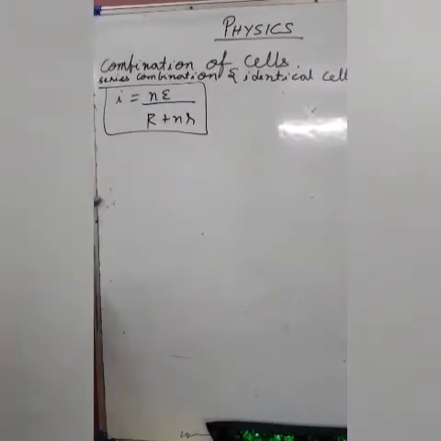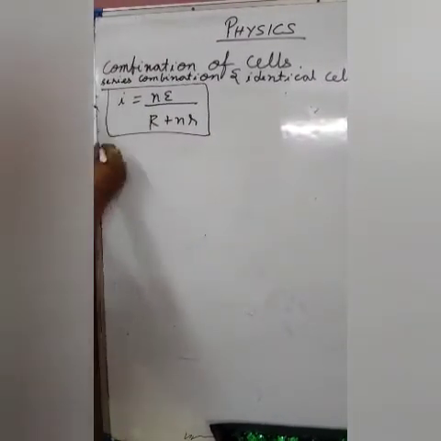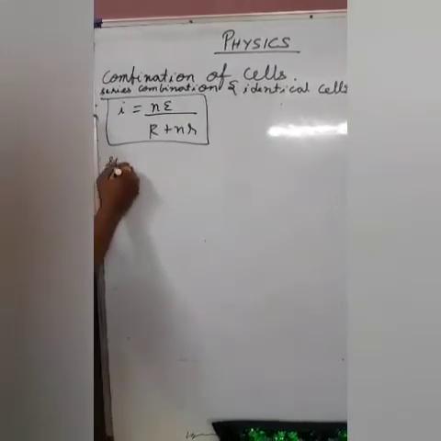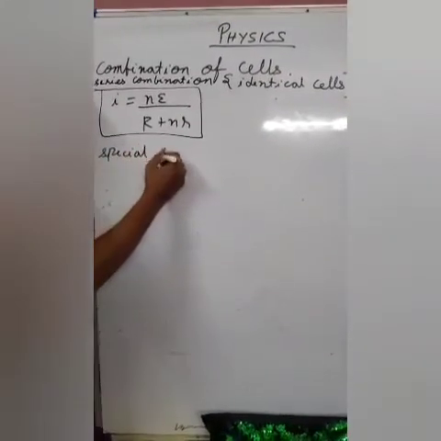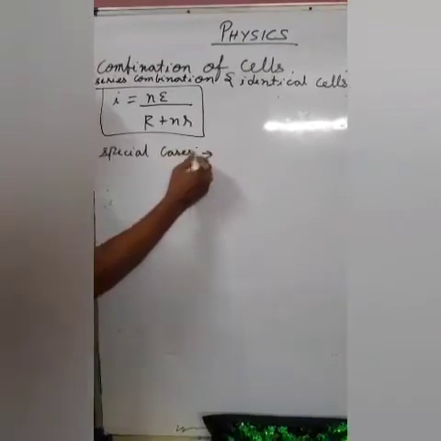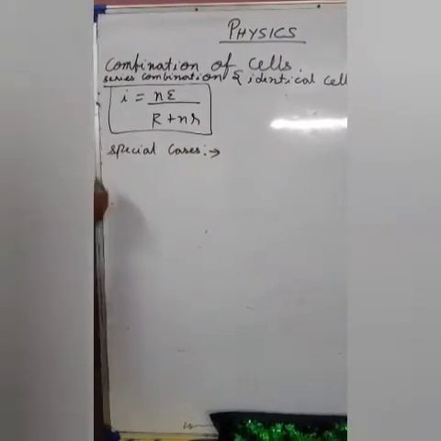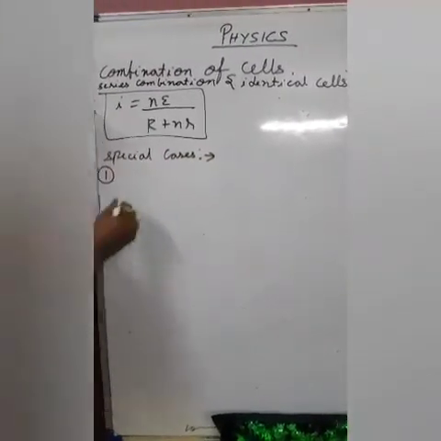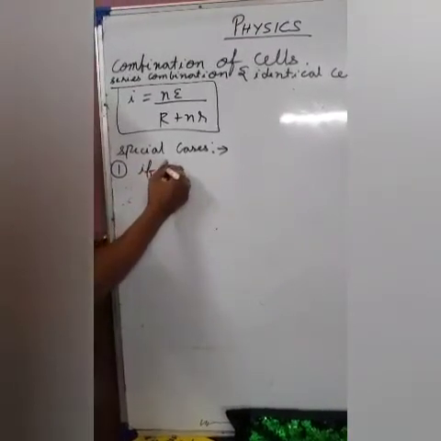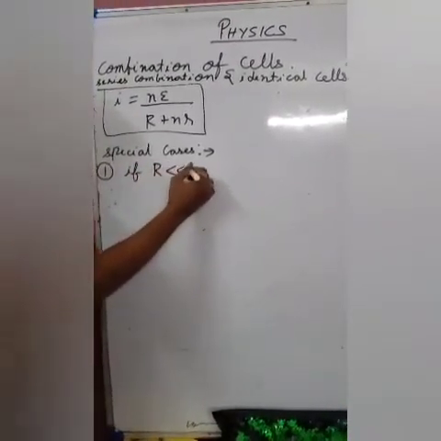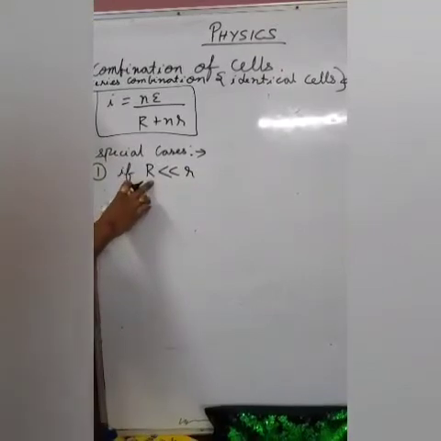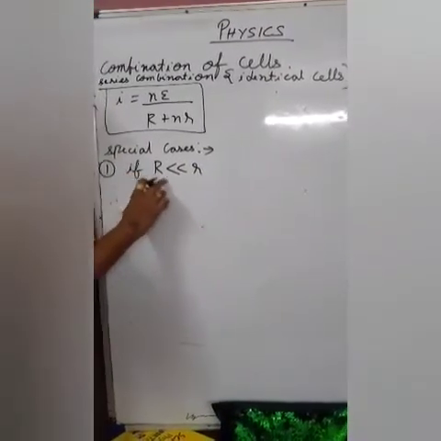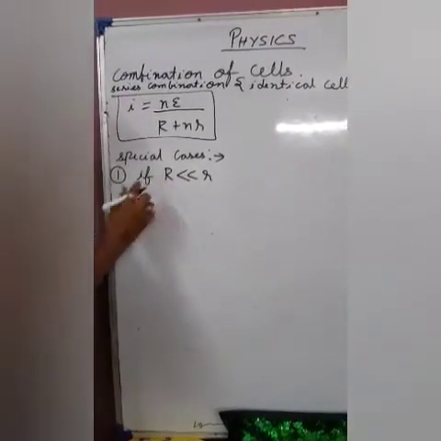Now what we are going to do is discuss a few special cases. Now following are the special cases. Let us discuss the first case, that is if capital R is very much less than small r, then obviously we will be able to neglect this capital R, that is external resistance.